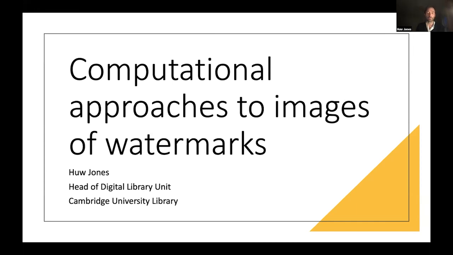And I suppose what we're investigating really is how might a set of images of watermarks, which are linked to accompanying metadata, alongside some existing tracings made of the Newton watermarks, help us to solve this puzzle. So it might help us to generate new information about the organizational chronology of Newton's papers.